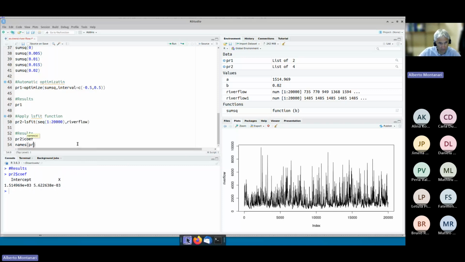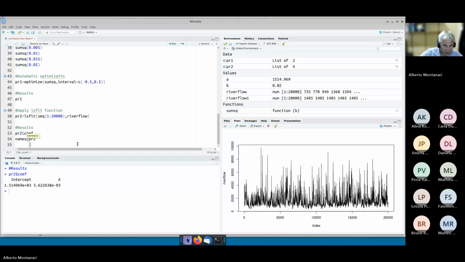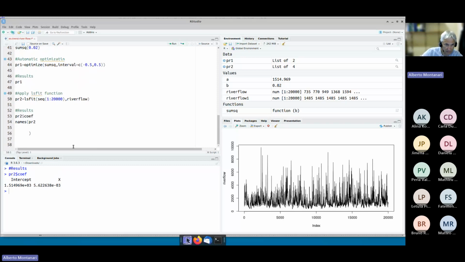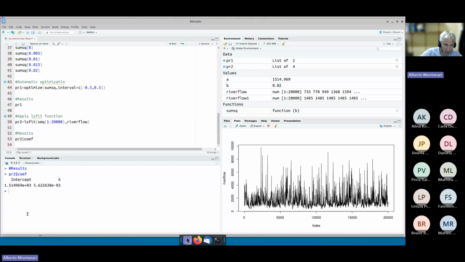Names PR2. Sorry for that, I typed in the wrong window.